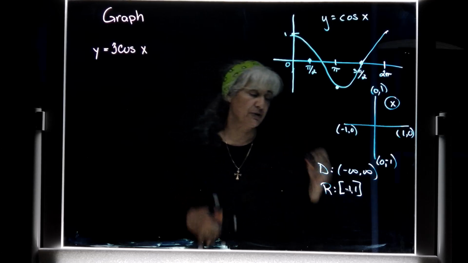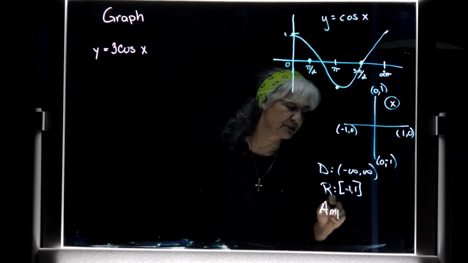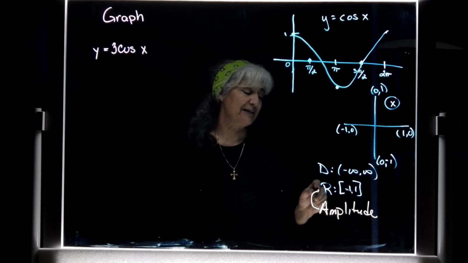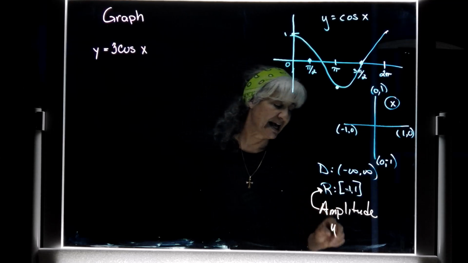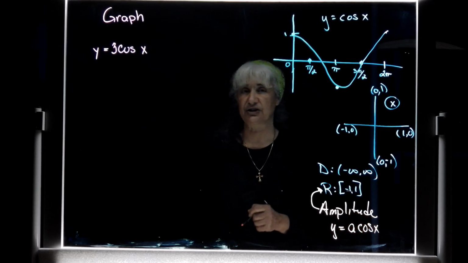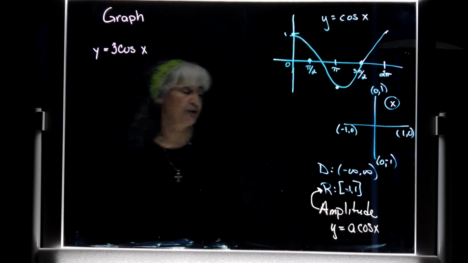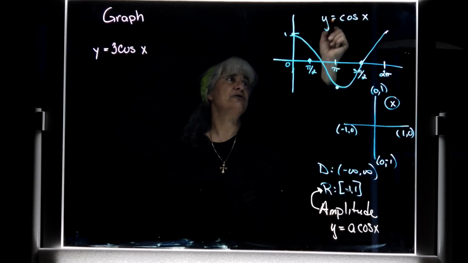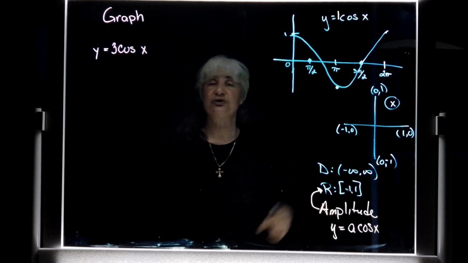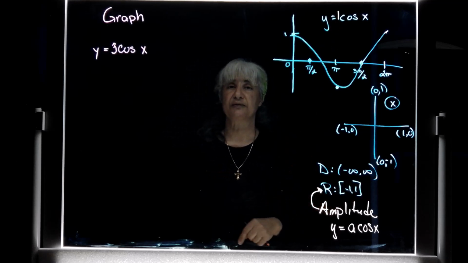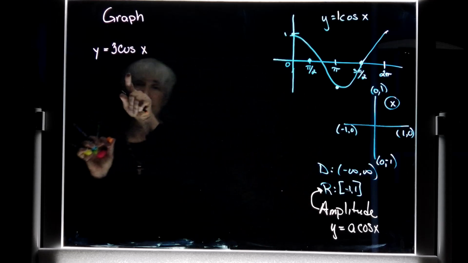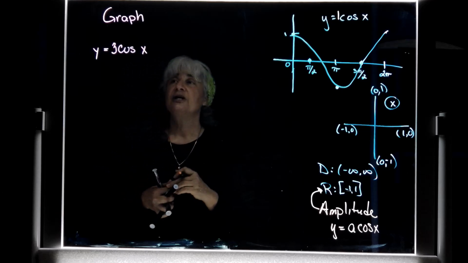If you remember, there's this thing called amplitude, and amplitude dictates the range and is actually found multiplied next to the cosine function, and the sine function for that matter, but we're dealing with cosine. So in front of this cosine function is the number 1, and that tells you the range is from -1 to +1.